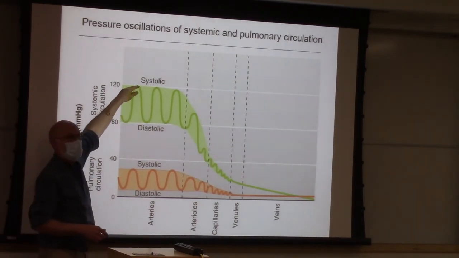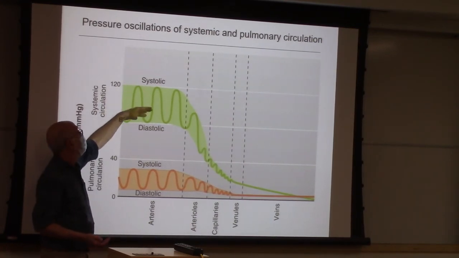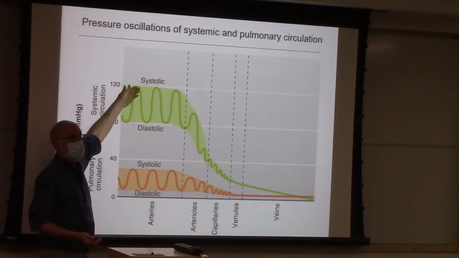So maximum systolic arterial blood pressure is the high number, 120.